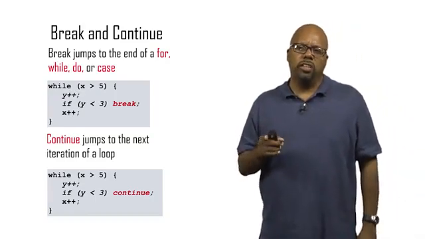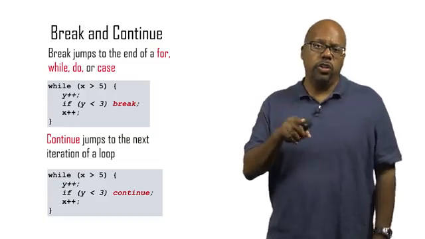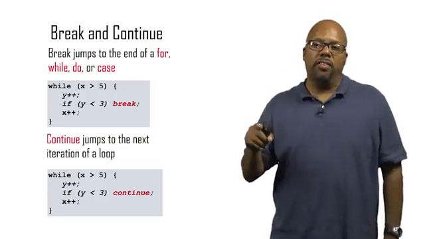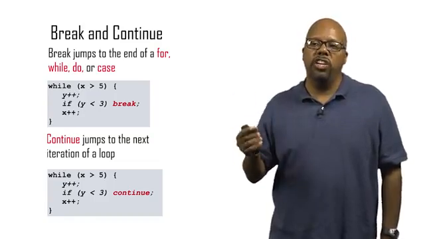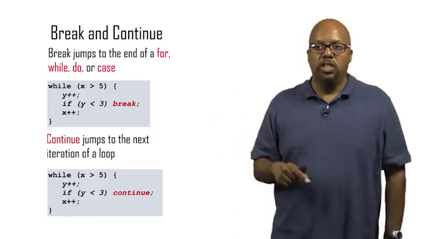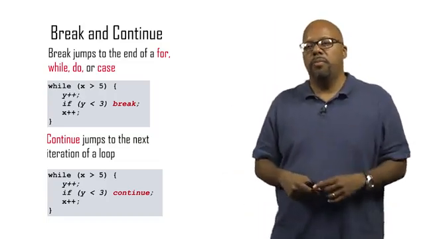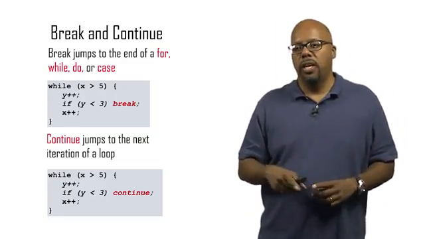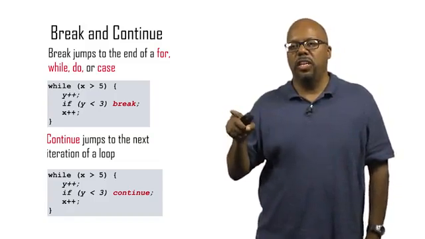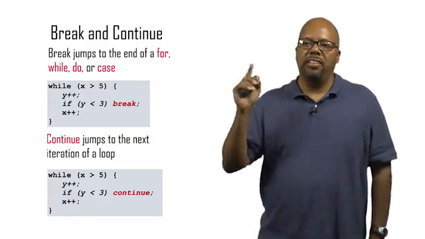Now continue is a little bit different. When you hit the continue, it doesn't jump out of the entire loop. It jumps out of that one iteration and moves to the next iteration. So in the example that we have below, we replace the break with a continue. So what happens is if that continue is executed, it doesn't jump out of the loop. It goes back to the top of the loop.